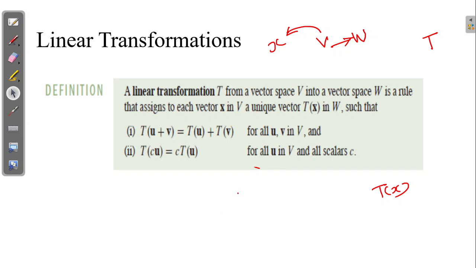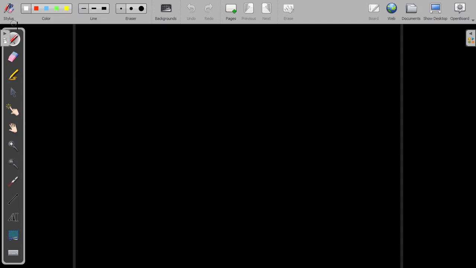That is, the additivity property: T of u plus v is equal to T of u plus T of v.